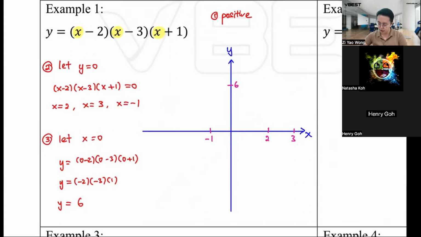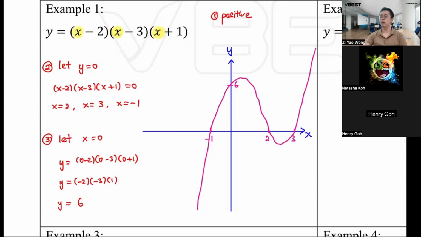You go up, you pass through your first x-intercept. Then you continue to go up, pass through your y-intercept. You are going to U-turn. You pass through your second x-intercept. U-turn again. You pass through your third x-intercept. So this is the graph pattern that you all have.